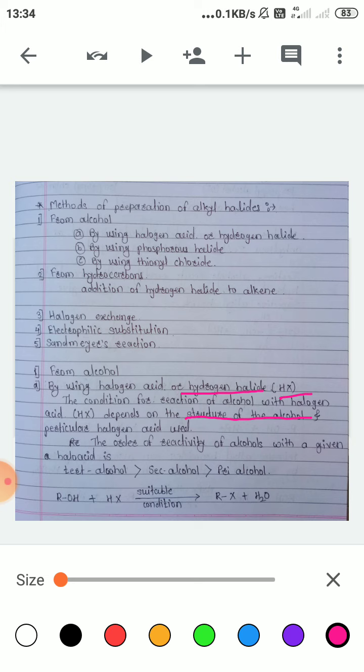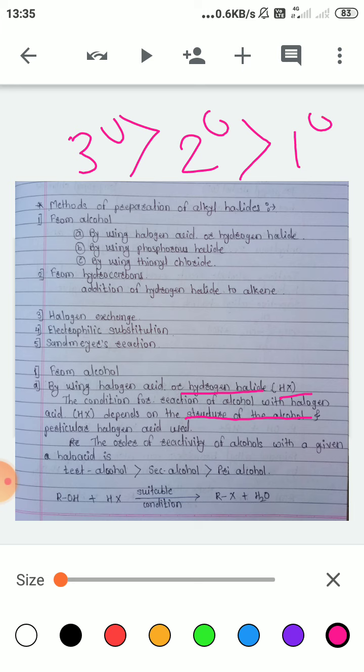Reactivity of alcohols: tertiary alcohols are more reactive than secondary alcohols, which are more reactive than primary alcohols. Now see the general reaction: ROH means alcohol, HX means halogen acid or hydrogen halide. In suitable condition, it gives RX, alkyl halide, with water as a byproduct.